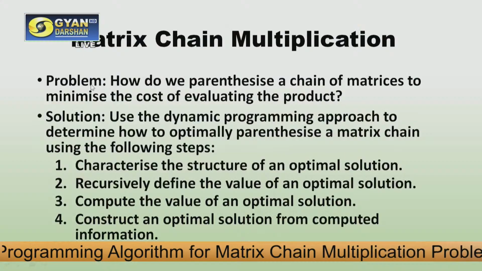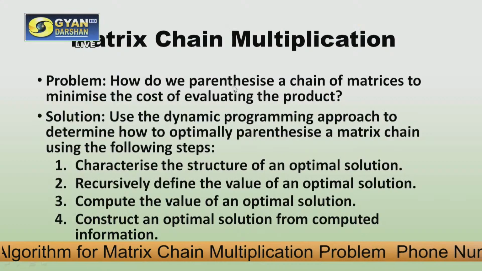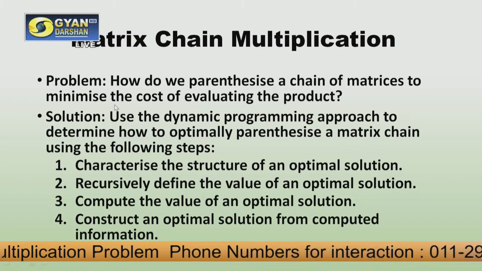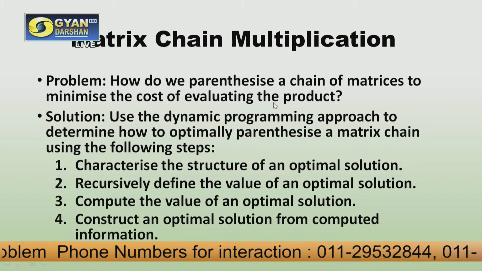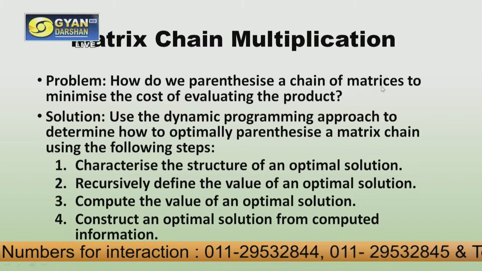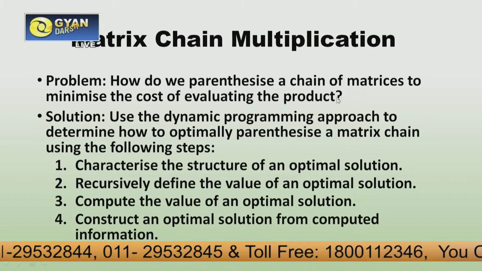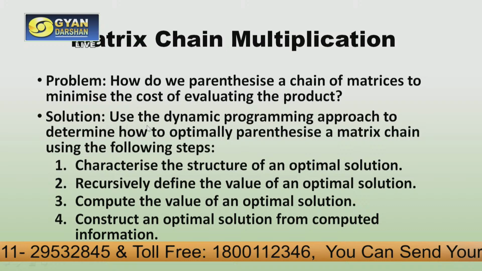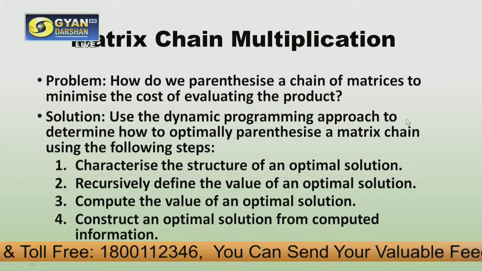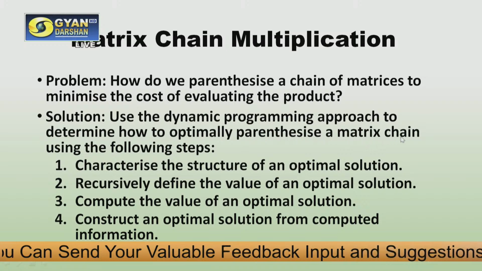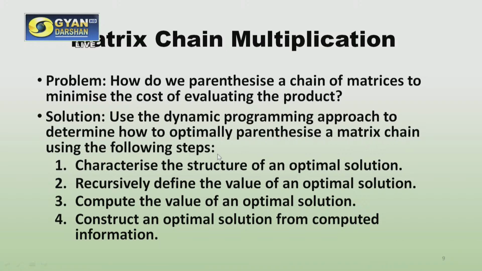So let us define this problem in a more formal way. What is our problem? How do we parenthesize a chain of matrices to minimize the cost of evaluating the product? The solution is to use the dynamic programming approach to determine how to optimally parenthesize a matrix chain using the following steps.